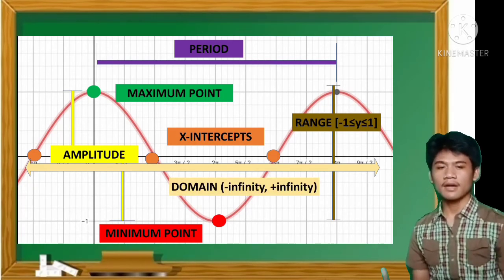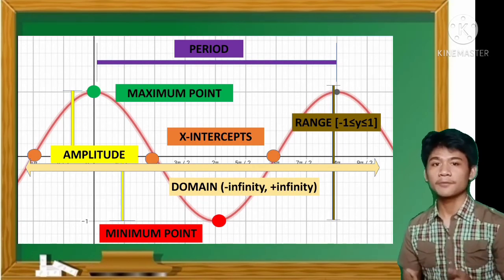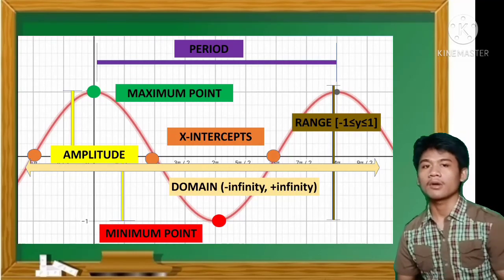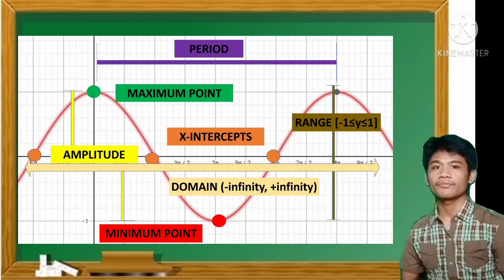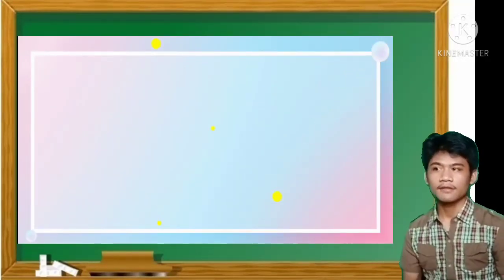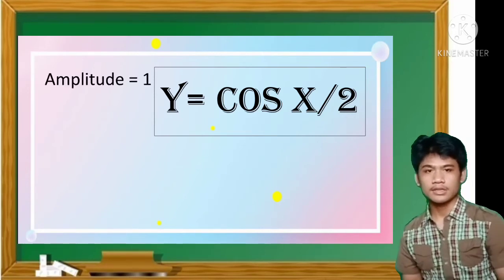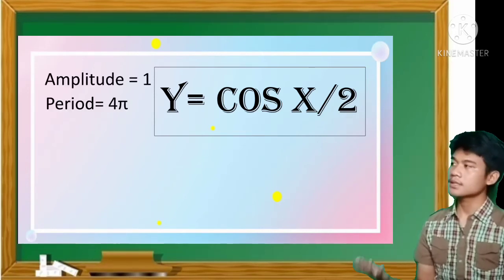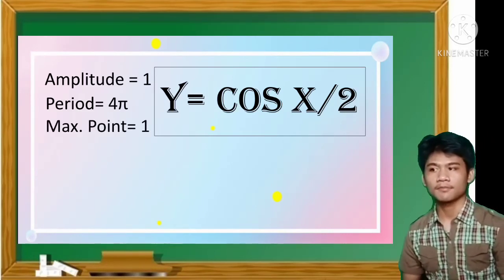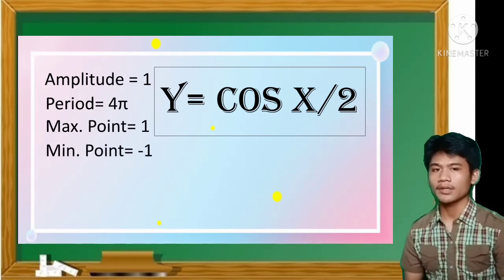So from the given graph, we could determine the properties of the given function, which is y is equal to cos x over 2. Again, the amplitude is equal to 1, and the period is equal to 4 pi. We have the maximum point as positive 1, the minimum point as negative 1.